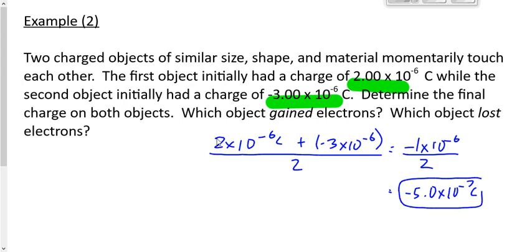Now, which one is negative 5.0 times 10 to the negative 7 coulombs? Both of them are. The total charge here, when I add up 2 and negative 3, is negative 1. No, that's not right.